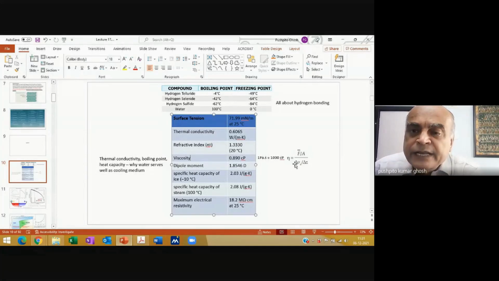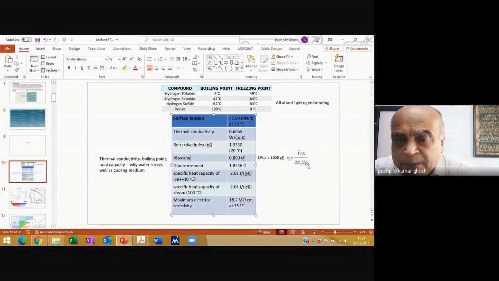The second is also that the velocity gradient, like let's say in flow, can vary. For example, if I take the distance from, let's say, the wall of a pipe towards the bulk of the liquid, and then I measure the velocity gradient of that, which is basically the change in velocity as a function of the distance z from the pipe, that would have an overall unit of meter per second divided by meter.